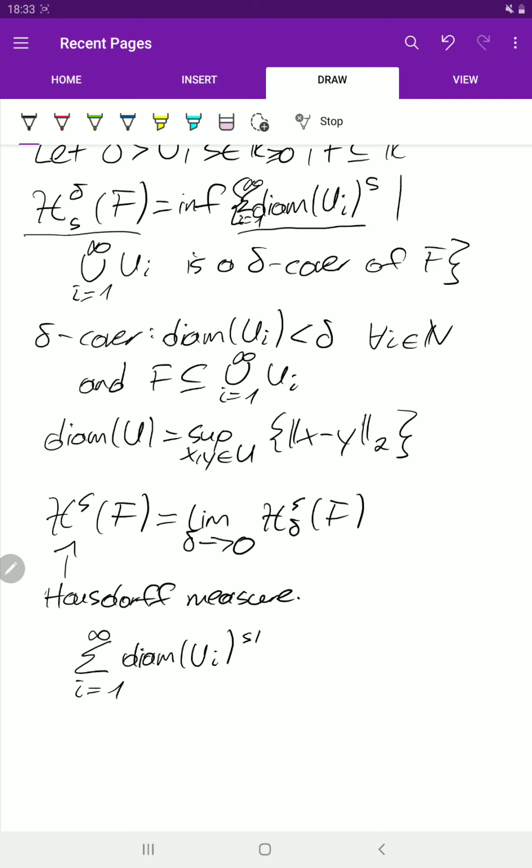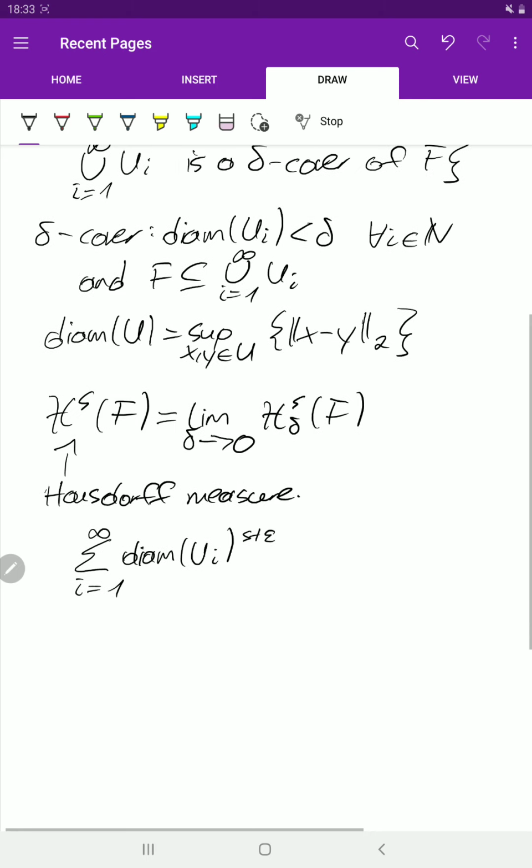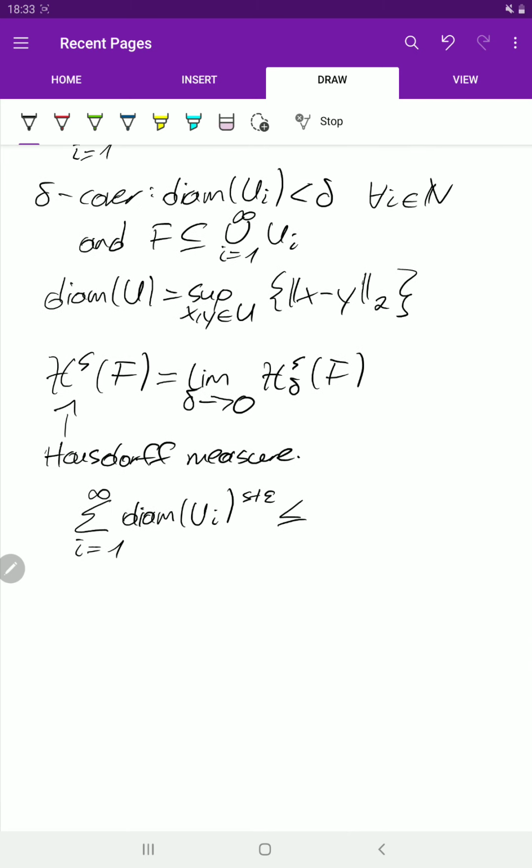And now let's look at what happens if we make s a little bit bigger by some epsilon greater than 0. Well, we know that the U_i's are delta covers, so we know that this is at most this thing here.